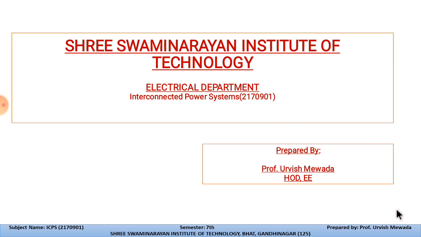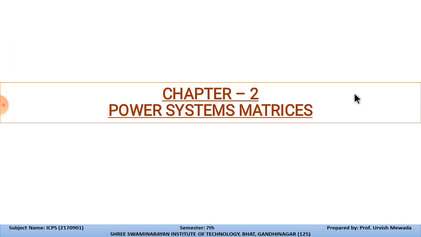Students, we are discussing chapter number 2, power system matrices. In the last lecture we discussed the Zbus algorithm, and in this lecture, lecture number 4, the subtopic is topic number 4.1.